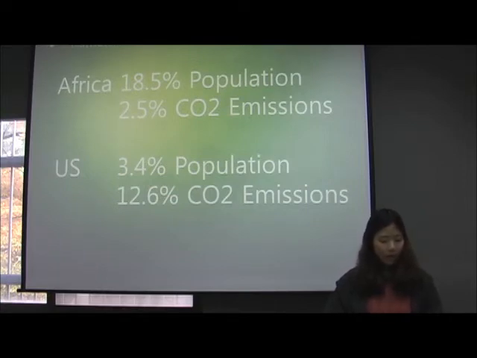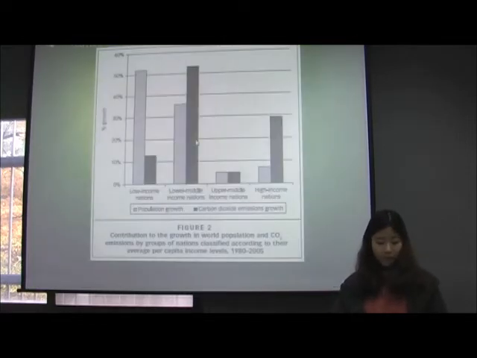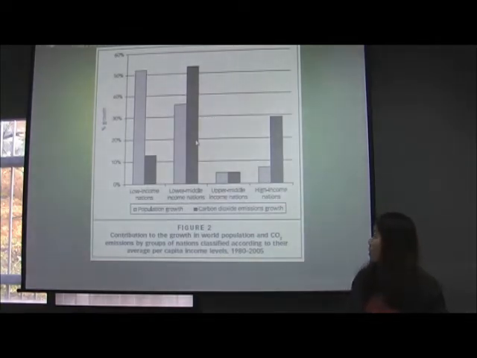However, the U.S., for example, accounts for 3.4% of world population growth, but about 12.6% of CO2 emission in the world. When you see this graph, you can see that there is not much relationship between the population growth and the CO2 emission.